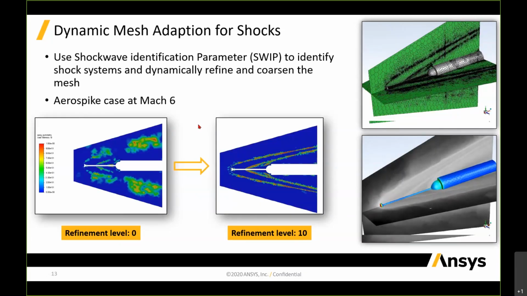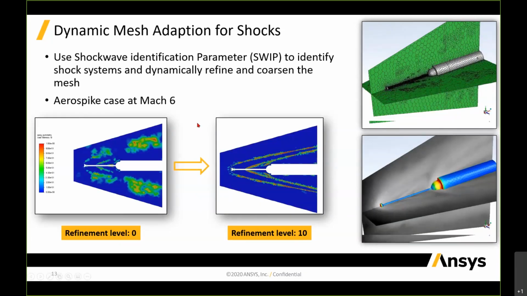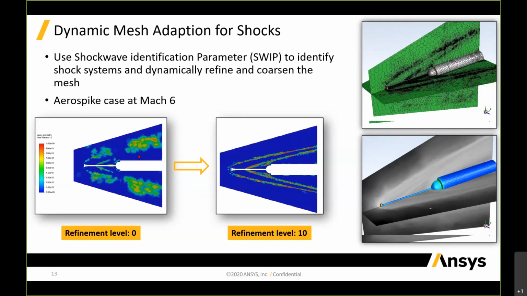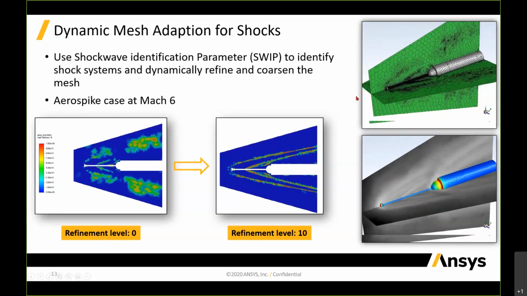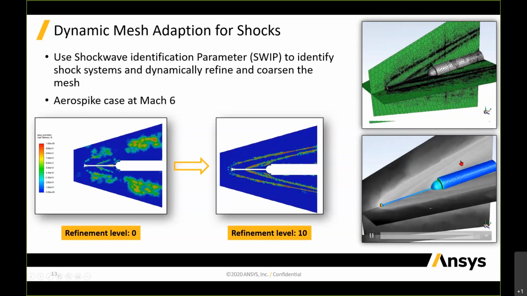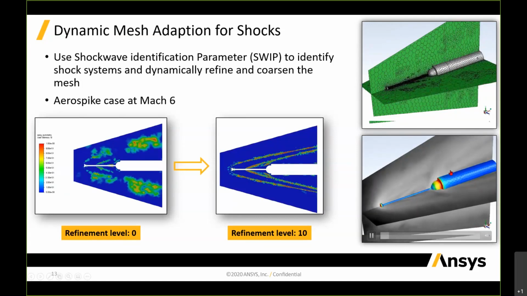You would just set your requirements in a single window and click run, and Fluent will automatically refine from this stage to this stage, and you would have a nicer mesh which captures the shock layers. On the right, I'm showing you a couple of videos which highlight dynamic mesh adaptation on the mesh, and the bottom video shows how the shock layer is moving when you look at the Schlieren contours. As you refine the mesh, the shock layer is being captured pretty well.